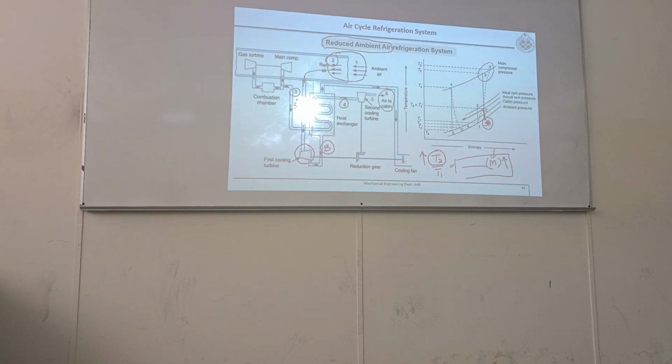The temperature of point B will increase like this, B to exit. Because where is this air going? Exit. The work of this turbine and the work of this turbine are both used here to make this ram air go out. Exhaust.